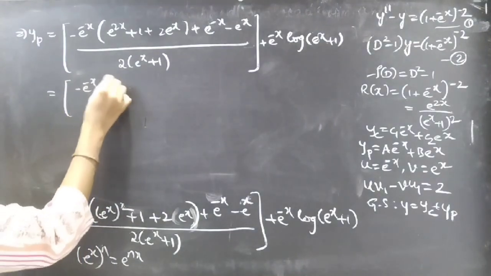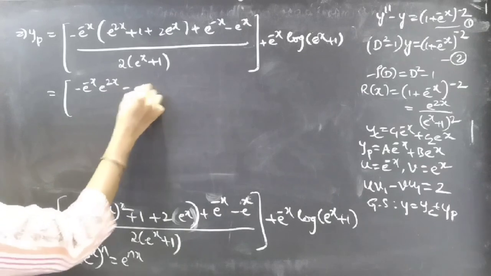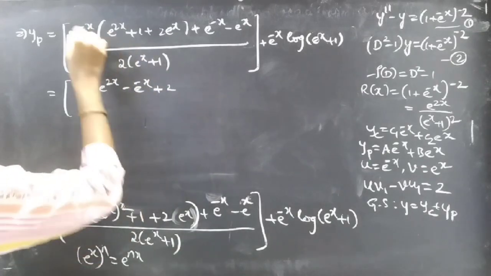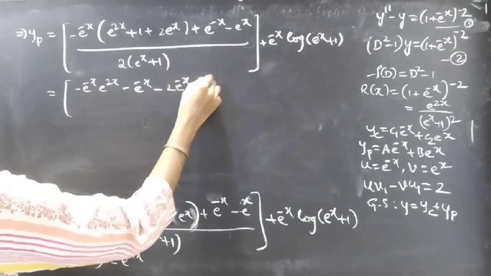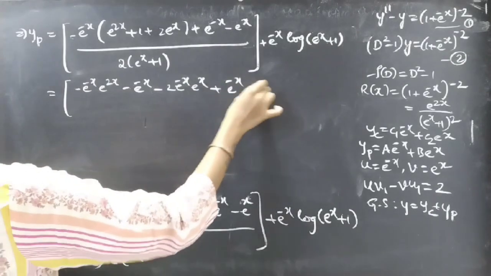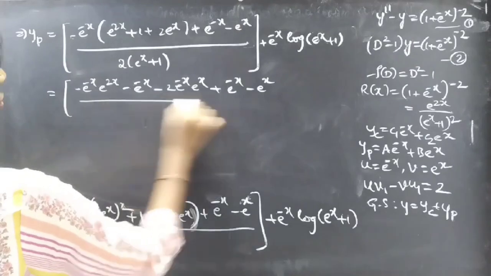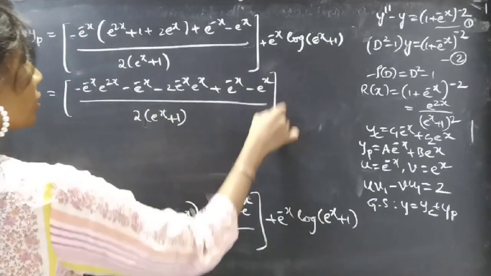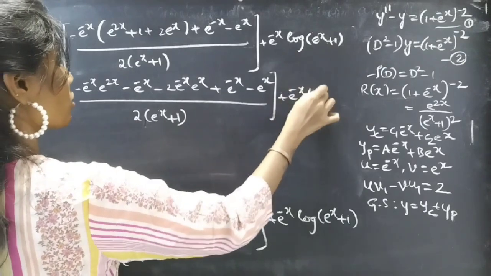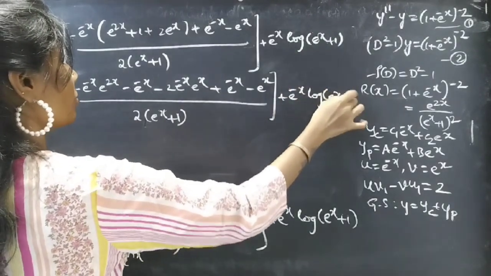This gives us minus e power minus x into e power 2x, minus e power minus x, minus 2 e power minus x into e power x, plus (e power minus x minus e power x) by 2 times (e power x plus 1), plus e power minus x log of (e power x plus 1).